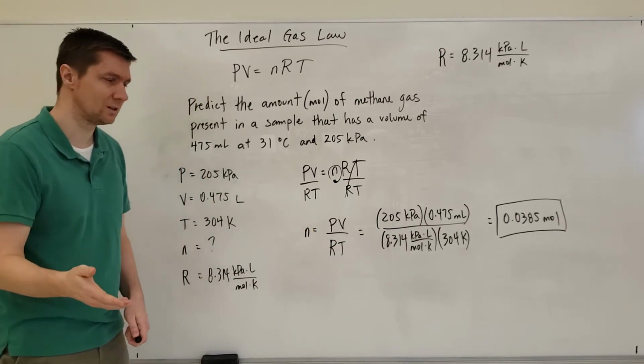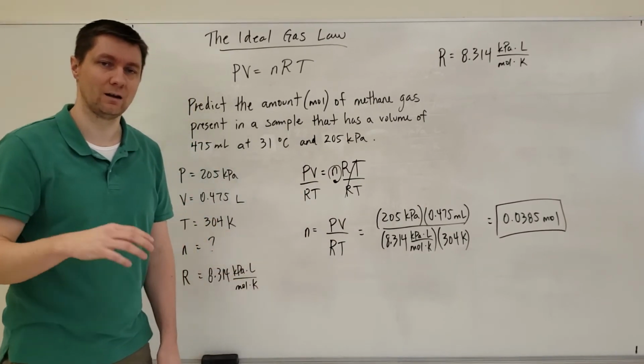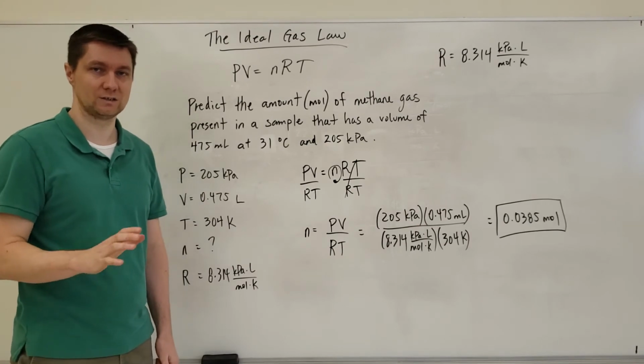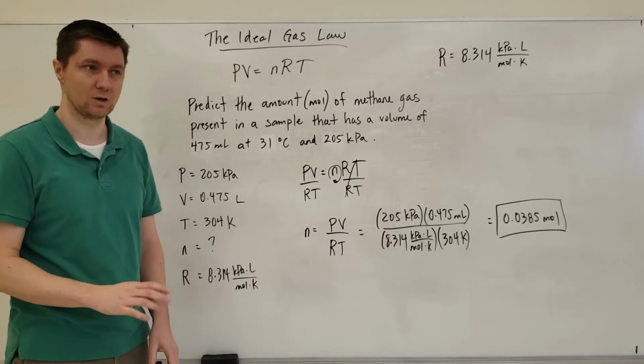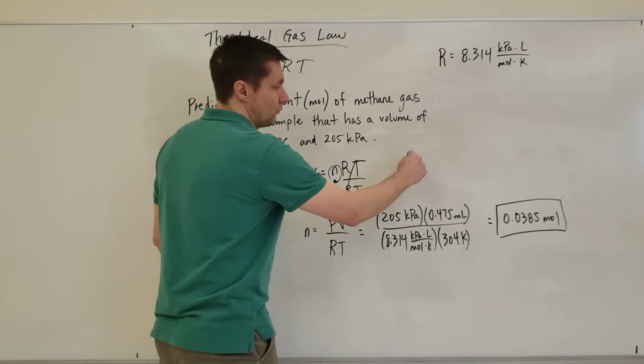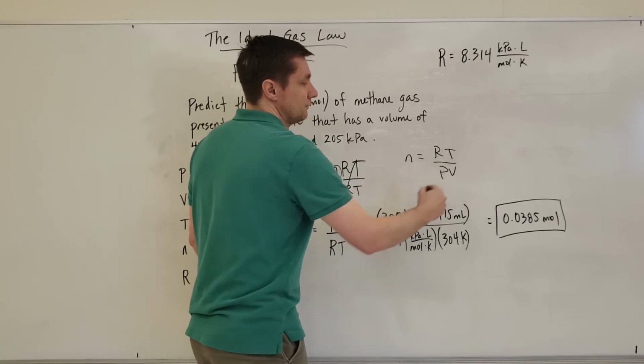A common mistake that kids make is they try to do this rearrangement in their head. This is one of the most common mistakes I see in all of Chemistry 20: when kids go to write this formula, they will write N is equal to RT divided by PV.